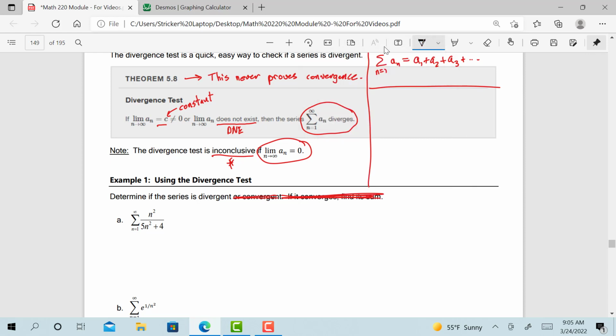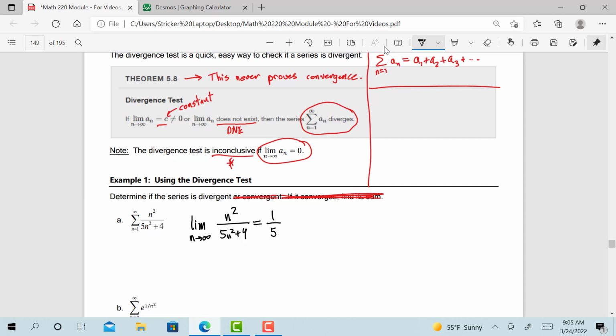Okay, so all we do is we take the limit as n approaches infinity of n squared over 5n squared plus 4. That's all we do. And because we have n squared on the top and n squared on the bottom, those are the same powers of n. Then we know, I mean, we could do L'Hopital's rule, but we should know from limits that this will reduce to 1/5.